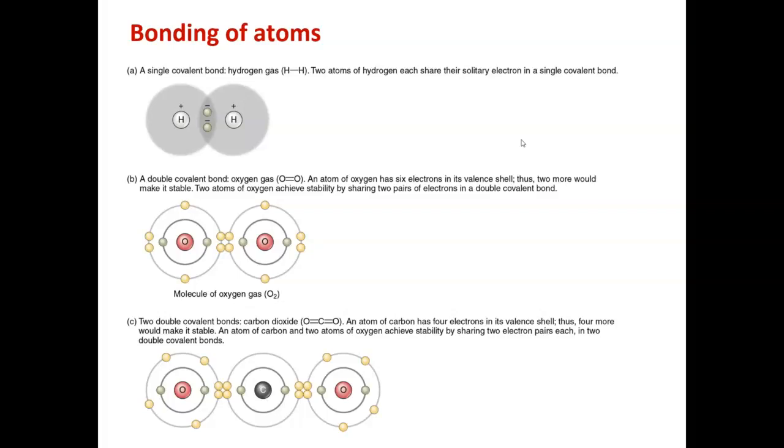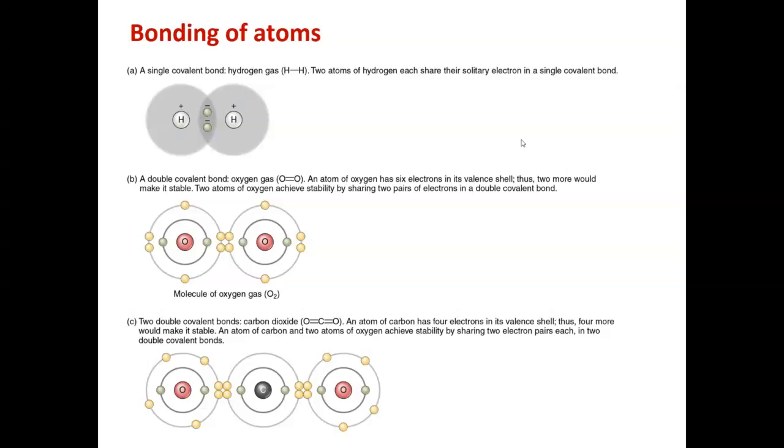But if they would share their two electrons, so that both electrons would spin around both nuclei, kind of like a figure eight, then it would be as if each hydrogen atom has two electrons, right? Because they're sharing them. Now, both of those hydrogens are stable.